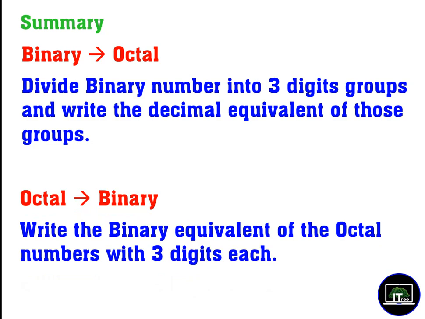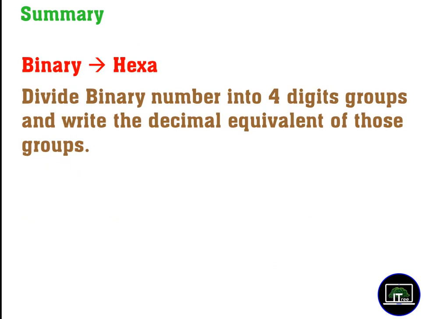Then we discussed how we can convert an octal number to binary. What you do is you write the values with 3 digits. Each octal digit should be written as 3 binary values. Remember that, always 3. Okay, then we discussed how we can convert a binary number to hexa.